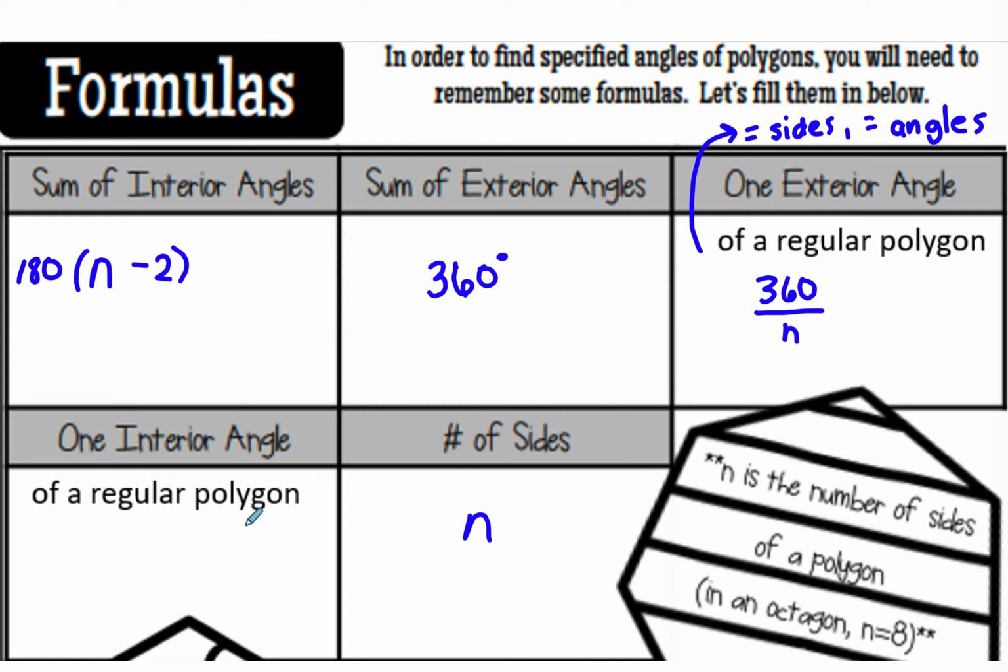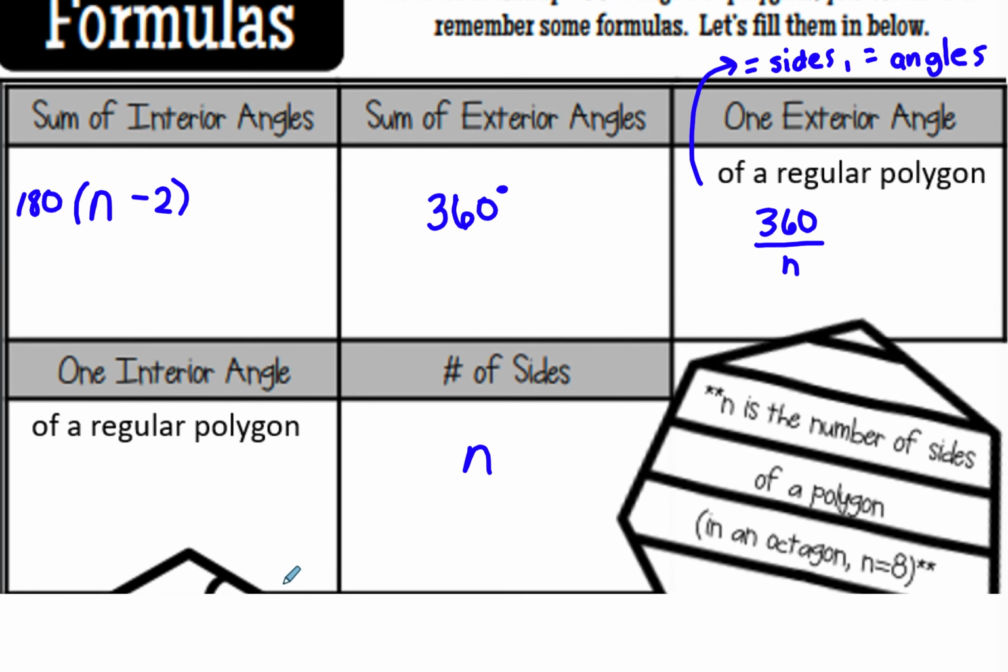To find out how many degrees are on the inside of a polygon angle when I have a regular polygon, I'm going to start by using this formula to find the number of degrees total in my shape. So number of sides minus 2 times 180.